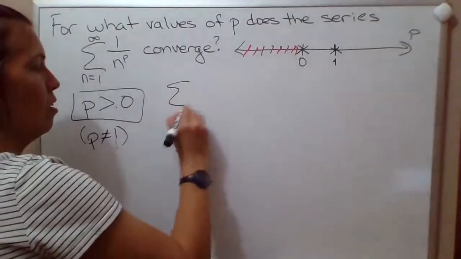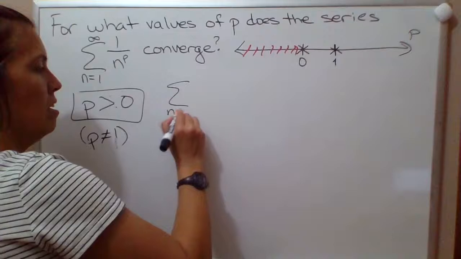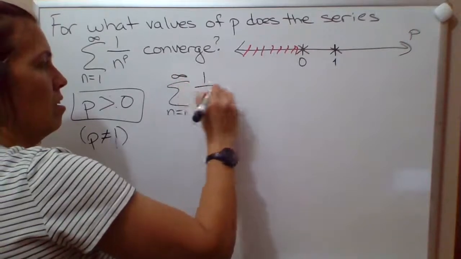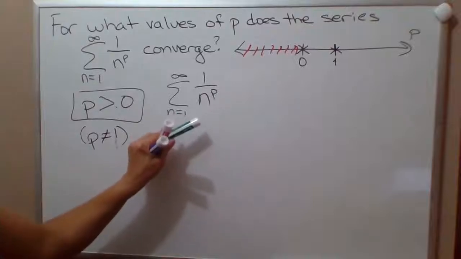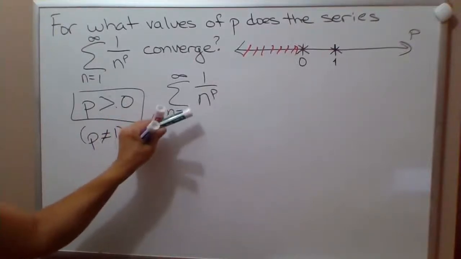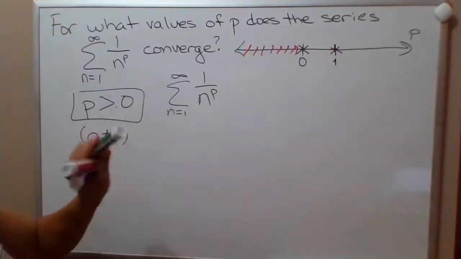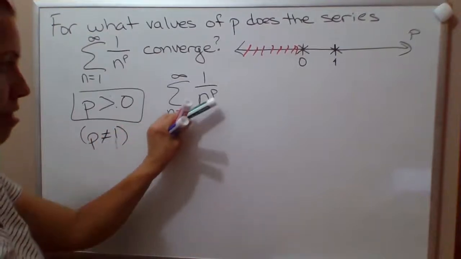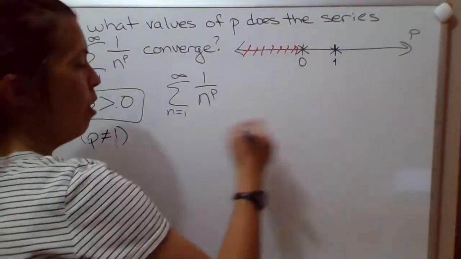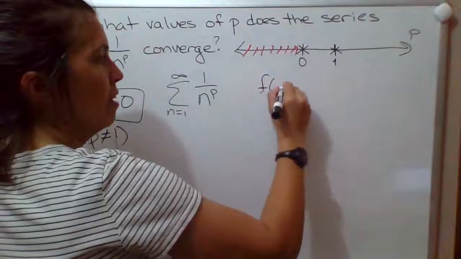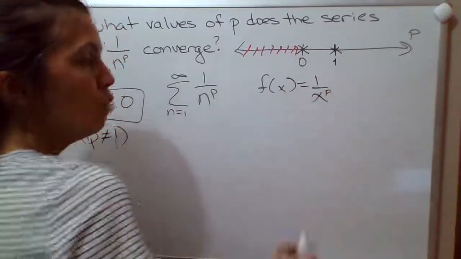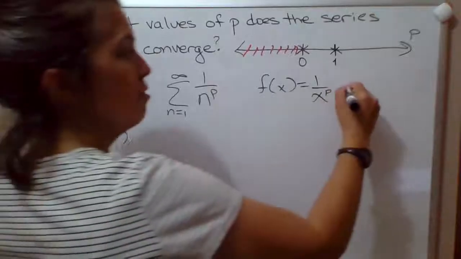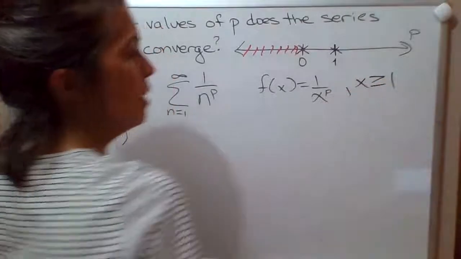Then, well, let's look at the series. This expression now is positive, continuous, and decreasing, if P is positive, for all x, if I write it as a function of x, 1 over x to the p. This would be positive, continuous, and decreasing for all x greater than or equal to 1.